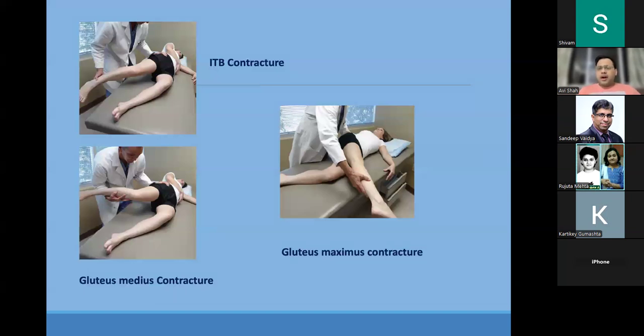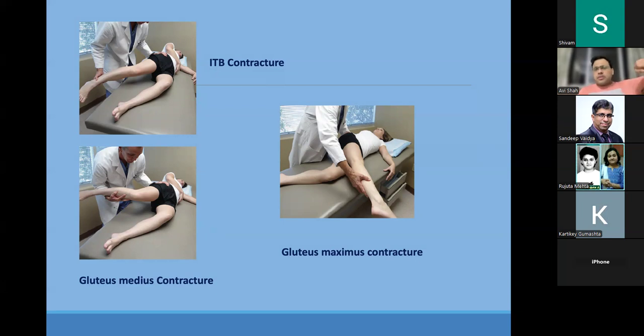And the other part to look at is for contractures of the iliotibial band. So if your patient is coming with symptoms like snapping or pain over the greater trochanter, always look for contractures of the iliotibial band. This is similarly done in the lateral position with the hip in slight extension and the knee in flexion.